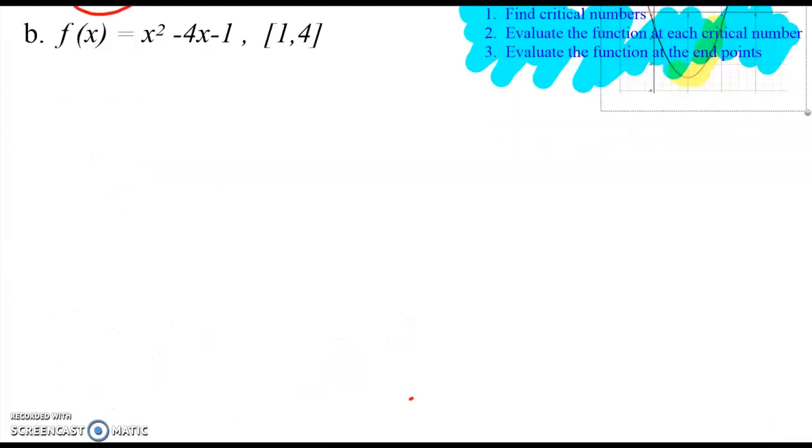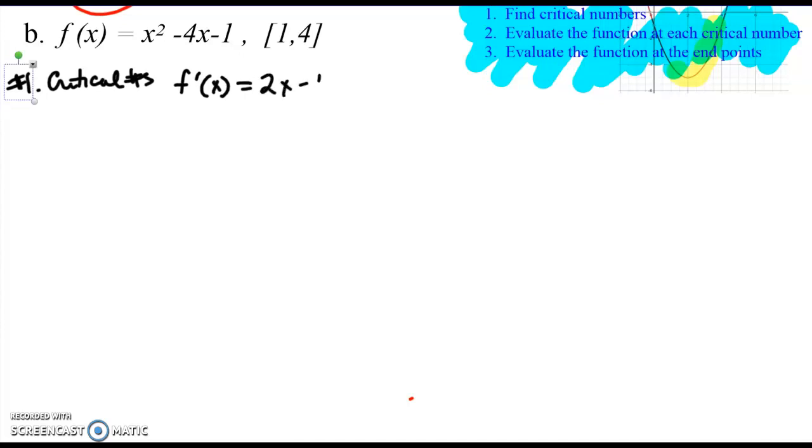Okay, so we're looking for the absolute min and max without graphing this function. Step 1 is to find the critical numbers. We know we do that by using the derivative, so let's find the derivative: 2x minus 4.